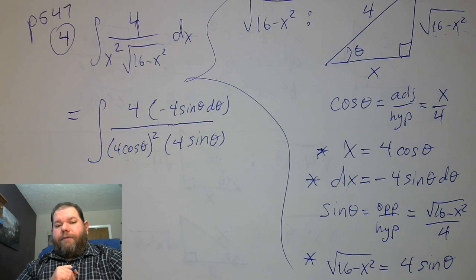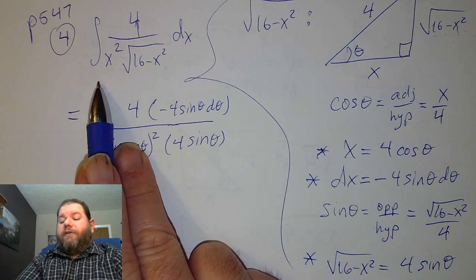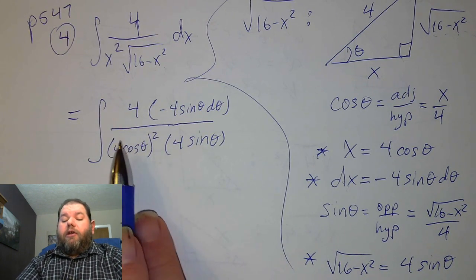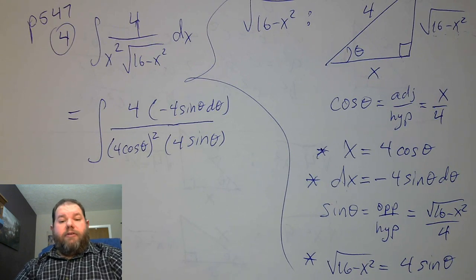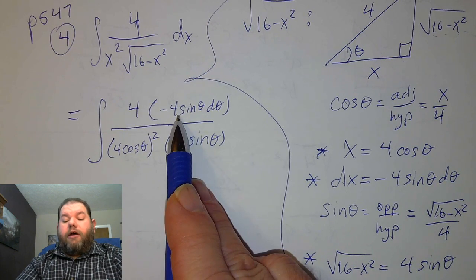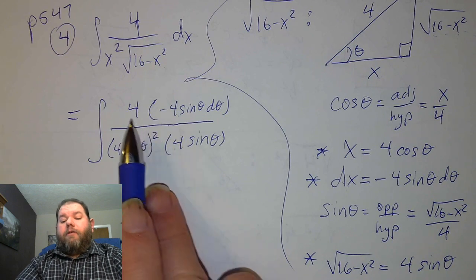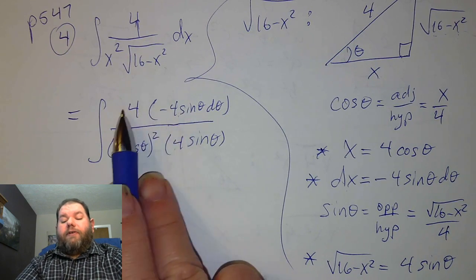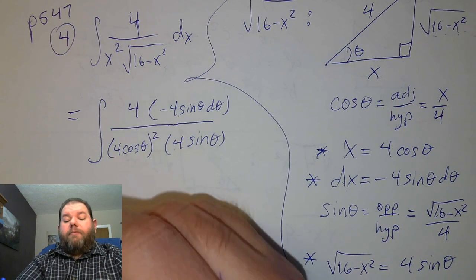One thing we want to be careful of is like here when we have x squared, we replaced x with 4 cosine theta. We want to make sure we put that in parentheses squared so we square both parts of that substitution. That's another thing to watch out for here. Because of that, we have 4 and 4 on top, and then we have 4 twice, and then a third time on bottom. 4 times 4, so 16 on top, 4 times 4 times 4, so we have 64 on bottom.